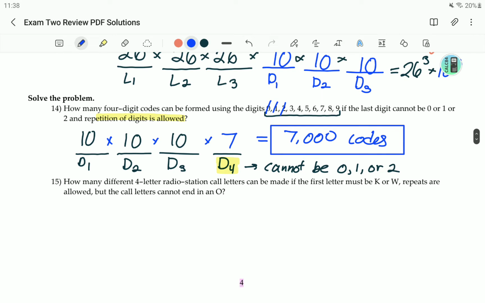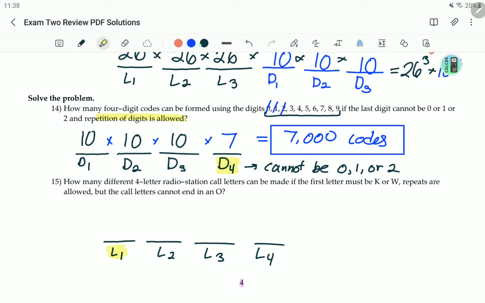Number 15 says, how many different 4-letter radio station calls can be made if the first letter must be K or W? Repeats are allowed, but the call letters cannot end with an O. So, 4-letter radio station. Letter 1, letter 2, letter 3, letter 4. We have some restrictions.